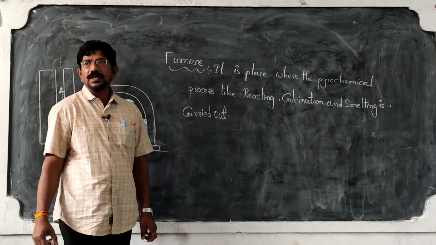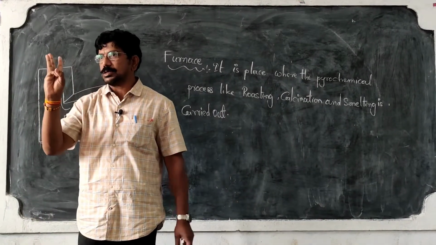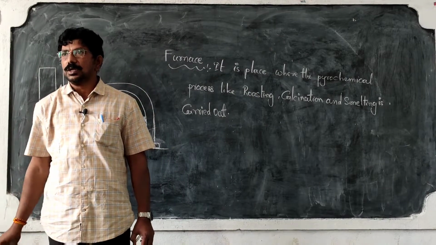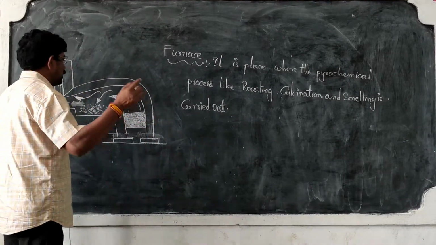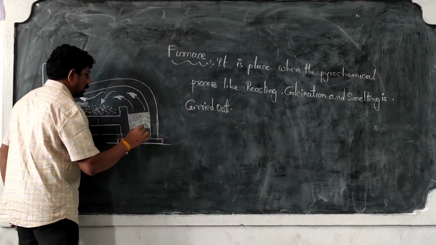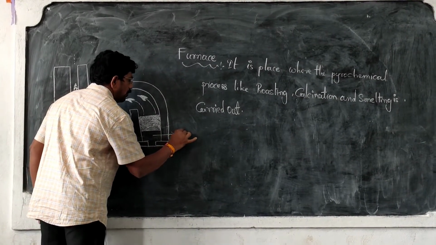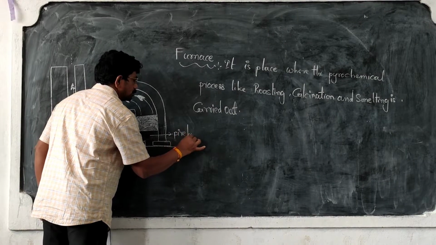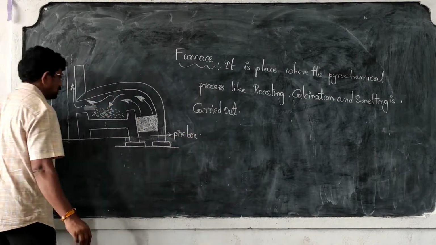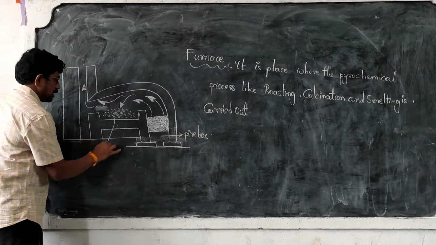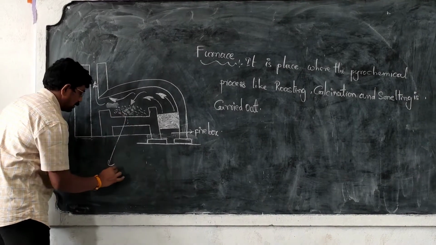So a furnace has three main parts. What are they? The first part is the firebox. The second one is the hearth.